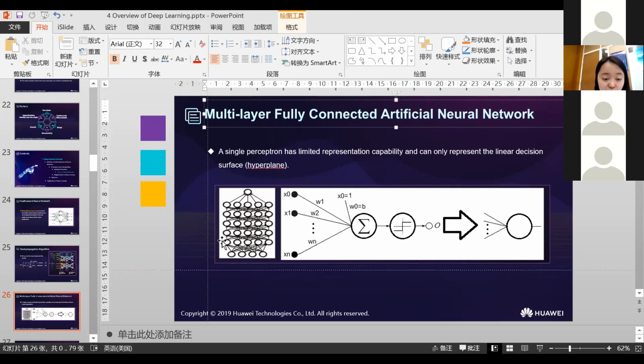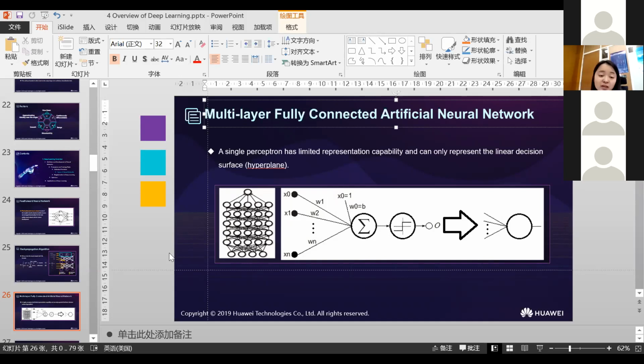So this neuron will receive information from all the neurons at this layer, and this neuron at hidden layer 2 would receive all the information from hidden layer 1. That is what fully connected means.